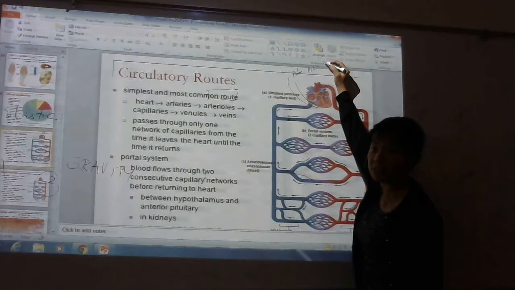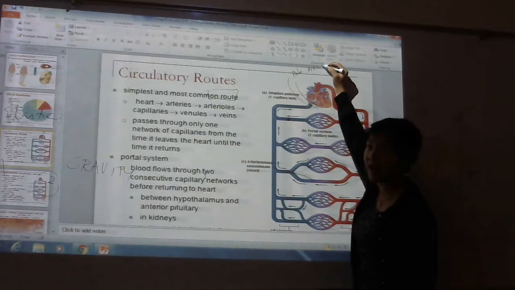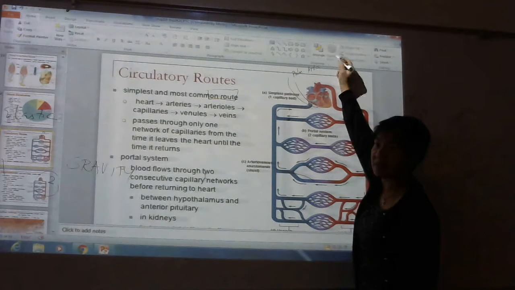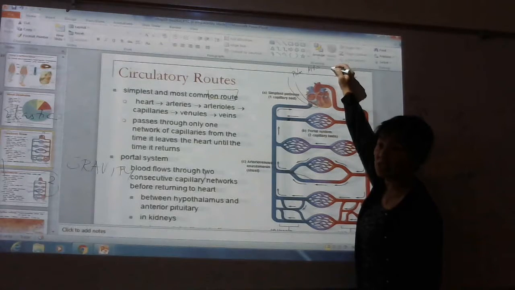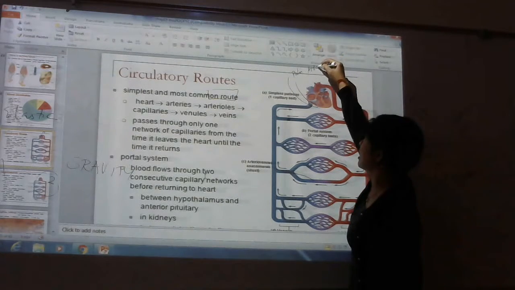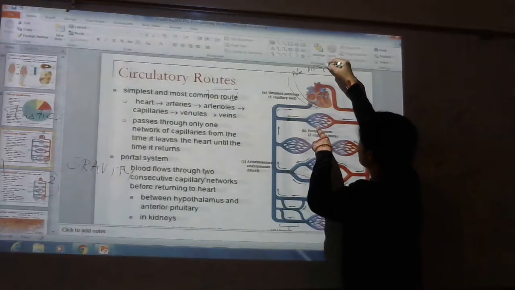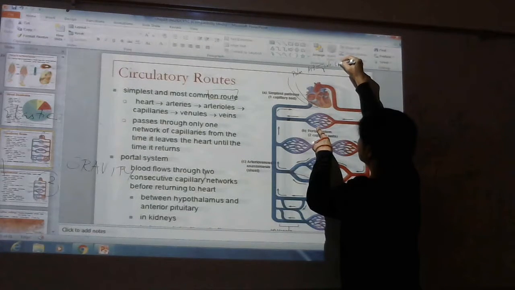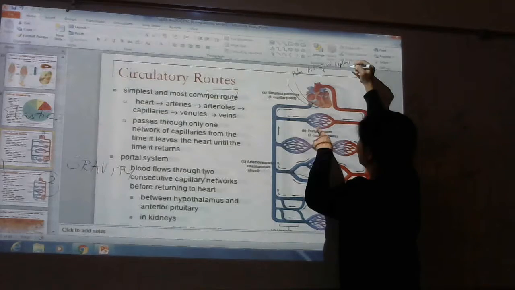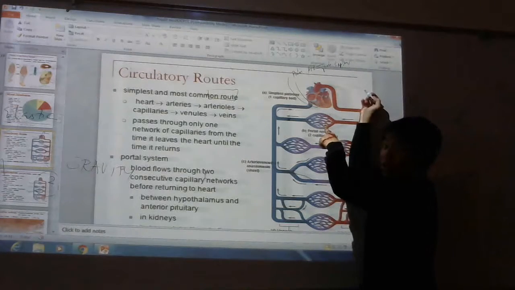To pick up oxygen and empty carbon dioxide. So it means that there are pulmonary capillaries here, right? The pores to release your oxygen and carbon dioxide. So from pulmonary artery to branch to pulmonary capillaries. And this is the one that's microscopic, right?